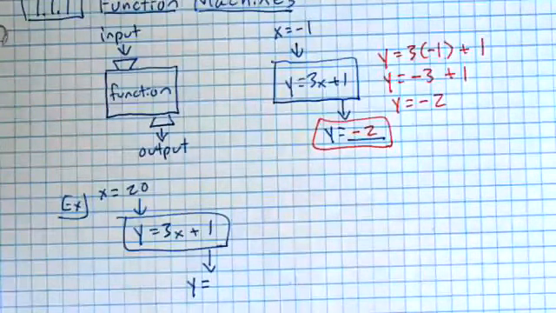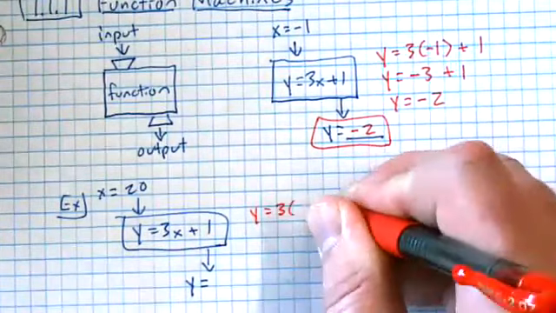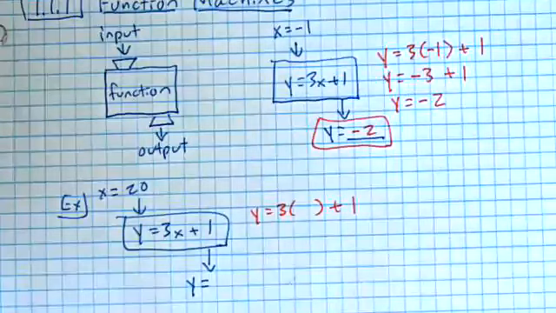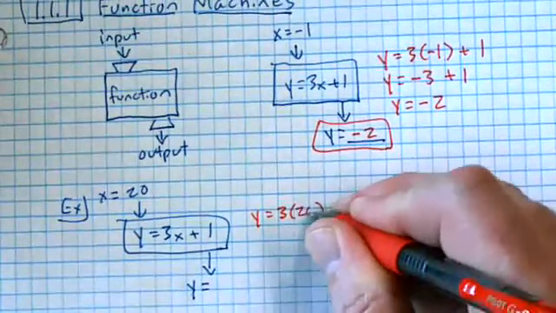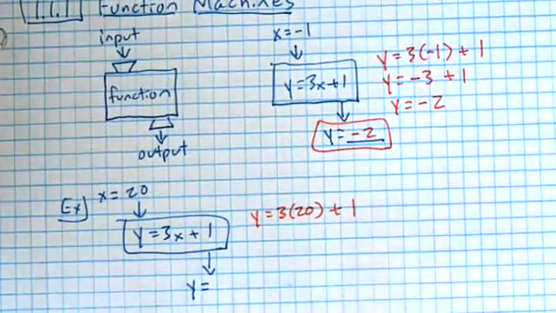So I want everybody to at least show me that minimum first step. That minimum first step is to rewrite your equation, just leaving out the x and replacing it with the input. Your choice if you want to show me the next couple steps or not, but at least show me this and then get me to your final answer.